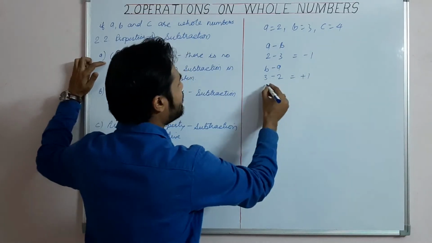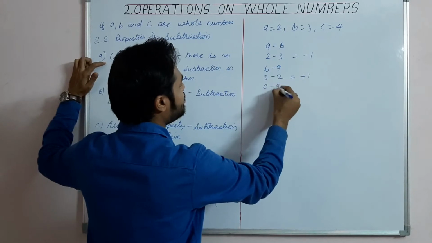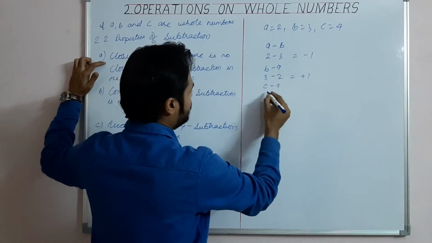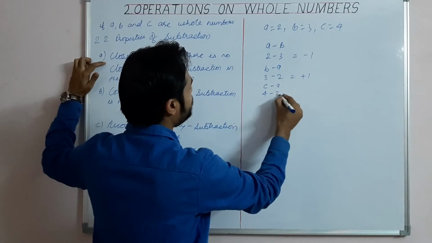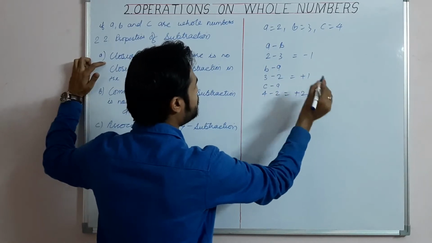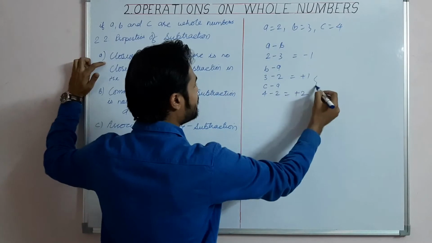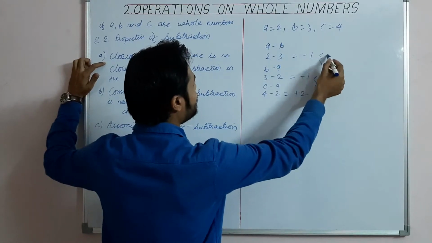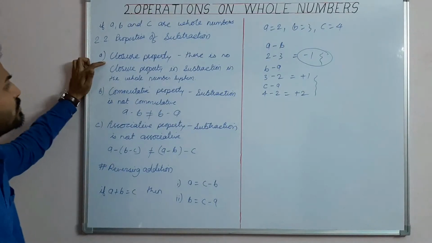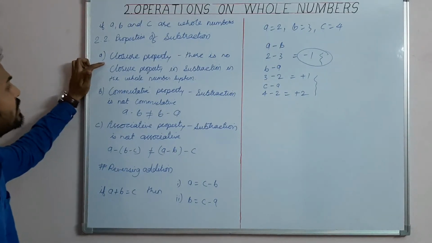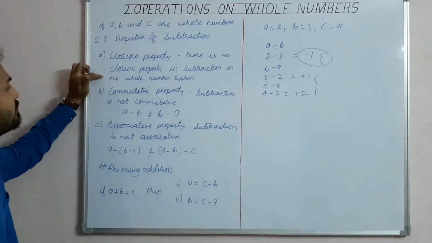Or if we write C minus A, it's a new subtraction, 4 minus 2, we get plus 2. So sometimes we are getting positive, sometimes negative, and minus 1 is not a whole number. So there is no closure property in subtraction in the whole number system, right?